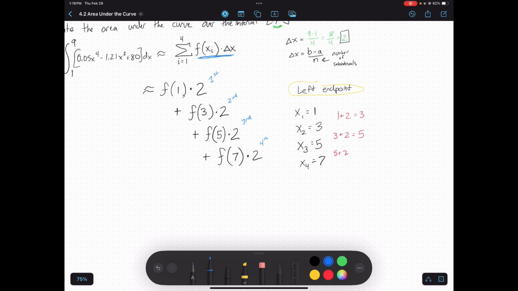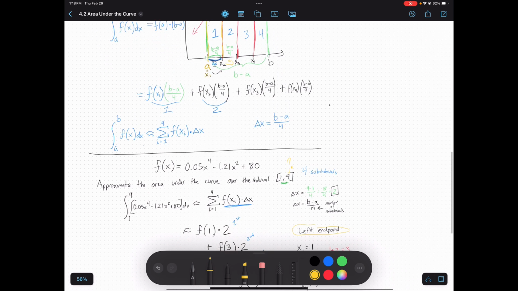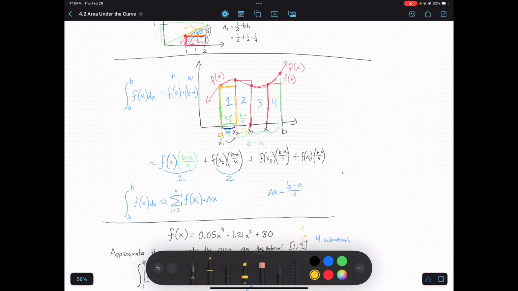Now you might be wondering, wait a second, why didn't we use the x value of 9? It's part of my interval. Shouldn't 9 be one of my x values? But because we use left endpoints, this final rectangle uses the starting x value. It doesn't use the y value for the ending x value. It doesn't actually use this b value at all.